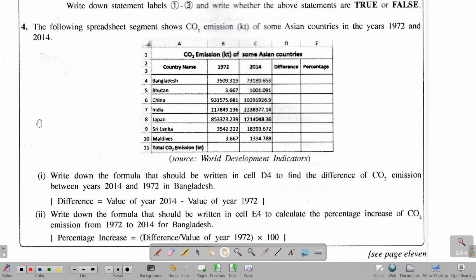It is talking about CO2 emissions in different countries. The first column is about the countries, the next 2 columns are about 2 different years, and the difference and the percentages are due to be calculated. So they are asking you to calculate the difference in D4. That means over here.